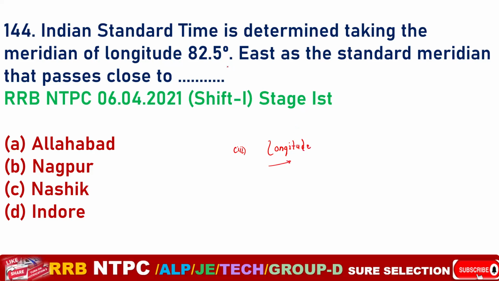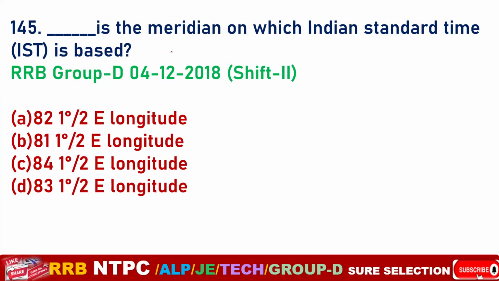The standard meridian passes through Allahabad, which is now called Prayagraj. This is the meridian on which Indian Standard Time, IST, is based: 82.5 degrees east.